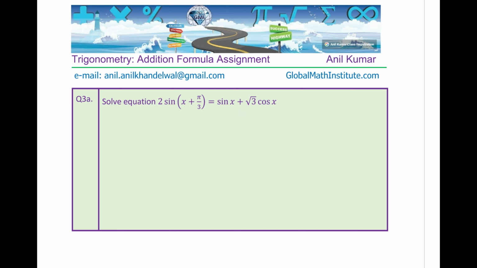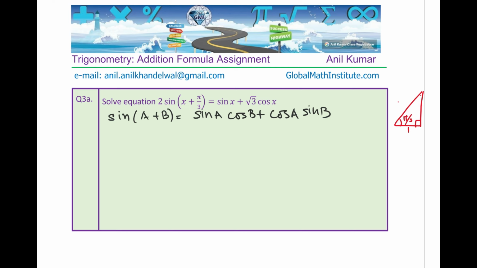The formula we are going to apply is sine A plus B equals sine A cos B plus cos A sine B. To find the exact values for pi by 3, we can use our special triangle, right? If it is pi by 3, the sides are 1, 2, and square root 3, right? Correct. So we can use this triangle and we know the sine and cosine values from it.